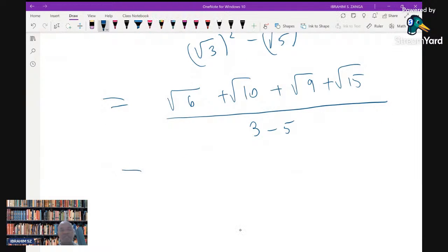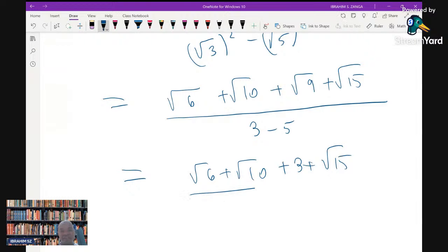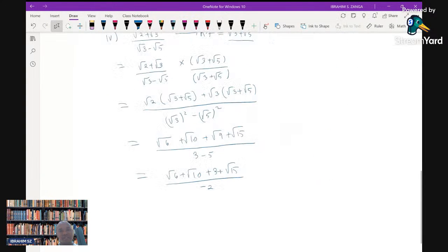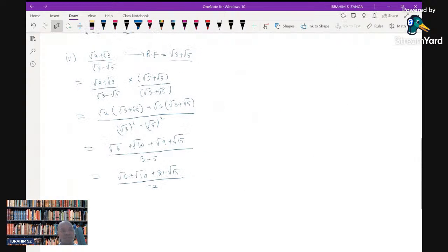We proceed, it will be equal to square root of 6 plus square root of 10 plus 3 plus square root of 15 divided by negative 2, and that is the final result corresponding to square root of 2 plus square root of 3 over square root of 3 minus square root of 5.